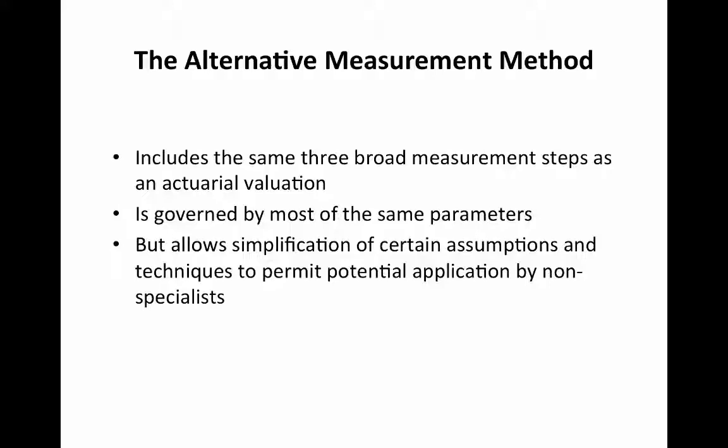So the usefulness might be a little bit less because it might not be as accurate as a full valuation, but the savings in terms of cost to those governments more than substantiated that trade-off.